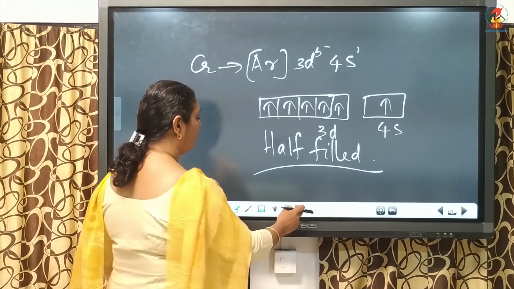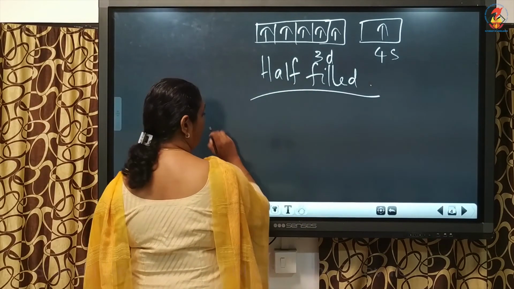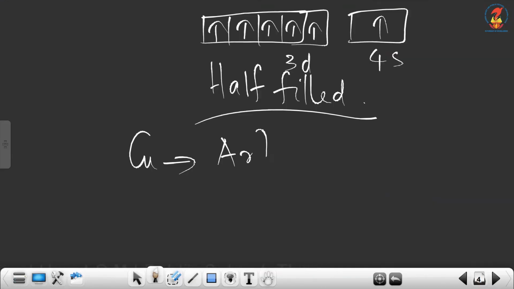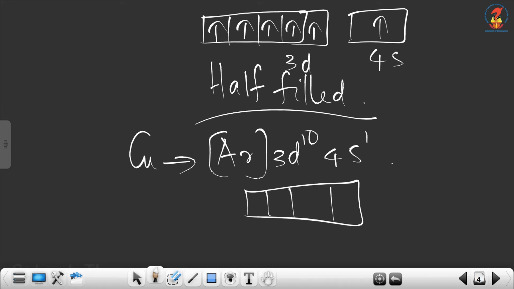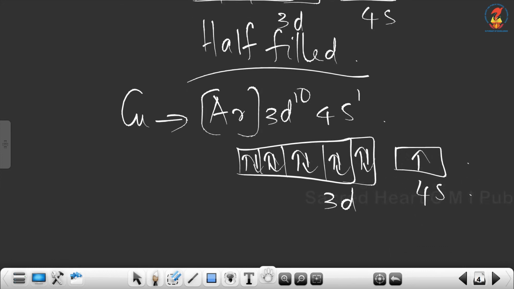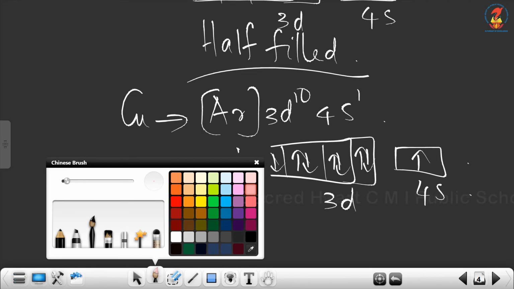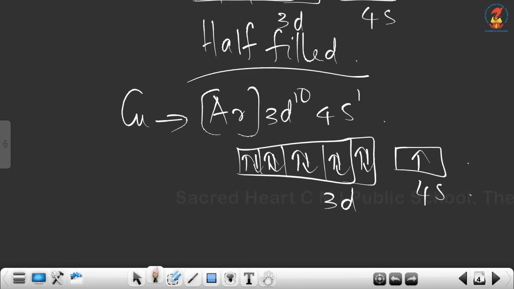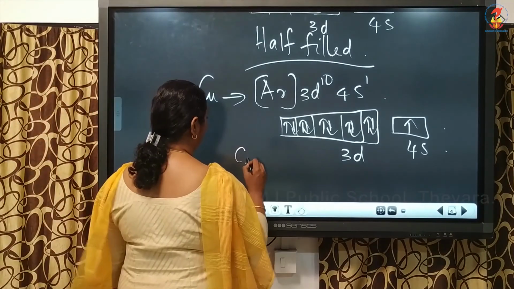In the same way, let's see for copper. The configuration of copper is argon 3d10 4s1. Now when we draw 3d10, 1, 2, 3, 4, 5, 6, 7, 8, 9, 10, and 4s1. This is 3d10 4s1. You can see in the 3d orbital, all the electrons are paired, which means a completely filled d orbital.